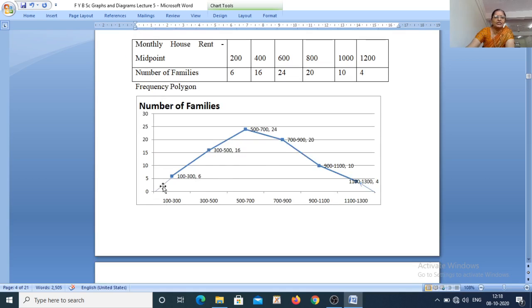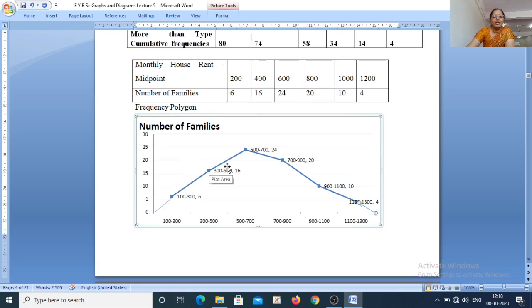These two additional points I have added here, this particular line and this particular line, in order to close this particular polygon. So this particular diagram is called a frequency polygon. What do you mean by polygon? Poly means many, gon means side. Polygon means having many sides.